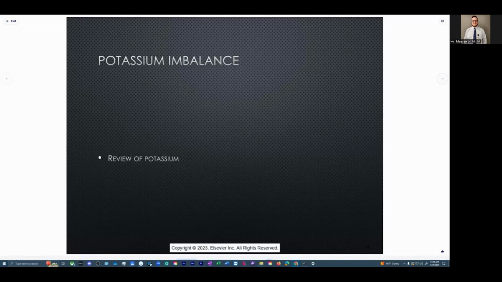Okay, so moving on to the next electrolyte, we have potassium. Kind of review normal potassium blood levels for most places. Again, normal levels for electrolytes can vary slightly depending on textbook or what facility you work at. Sodium seems to be pretty consistent, but sometimes potassium can change a couple decimal points. But overall, most people consistently say 3.5 to 5 milliequivalents per liter.